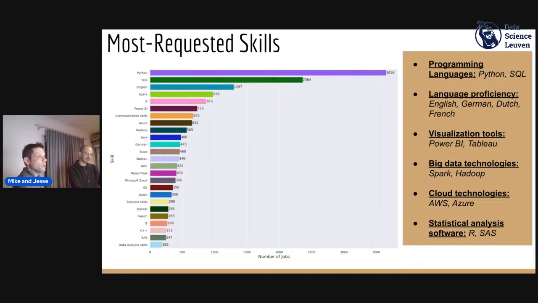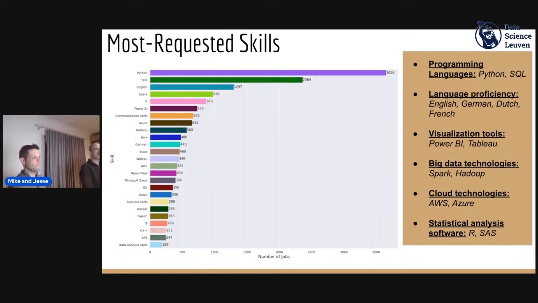But in addition, on the soft skills side of things, we have communication, as in basically language. So if you're in Berlin, they're looking for German. Here in Belgium, they're looking for Dutch and French, etc. And that's about it for the soft skills, which I think we have some commentary on in a little bit. But yeah, Python and SQL.